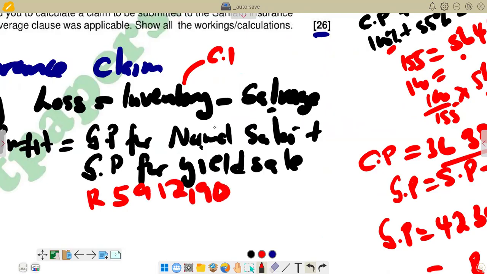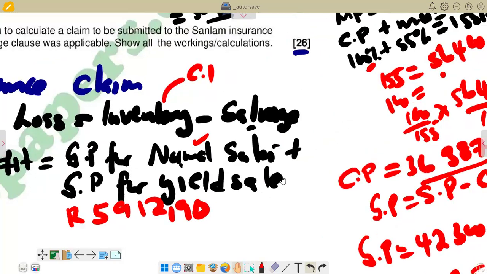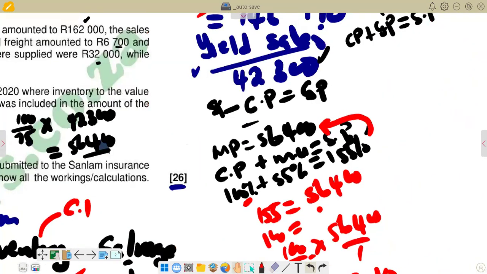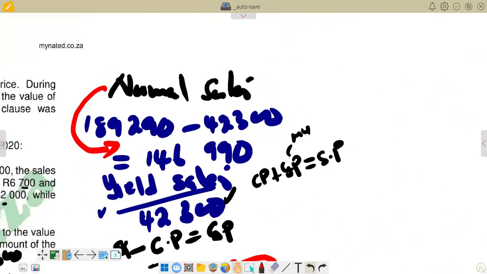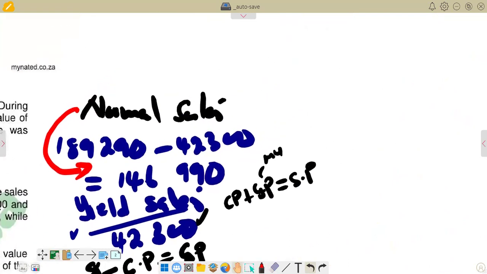So we now want to find the gross profit for normal sales. But already we have got the figure for normal sales that we calculated there. So we go there and just use that proportion again to find the gross profit on normal sales. Remember, normal sales, we are saying it's 146,990.